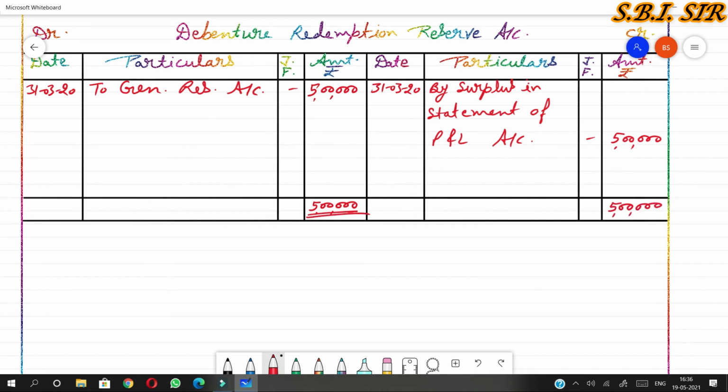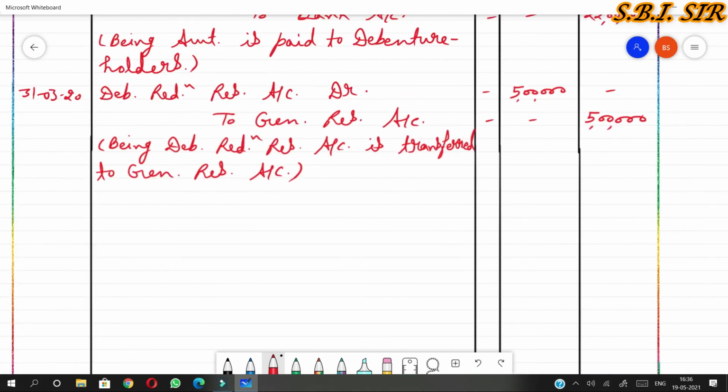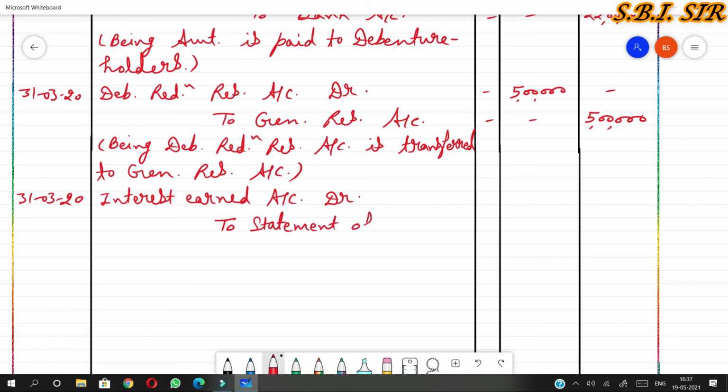Then here we have given interest earned entry, so we have to close this entry, so interest earned account will be transferred to statement of P&L account. As on 31st March 2020, interest earned account debit to statement of P&L account.